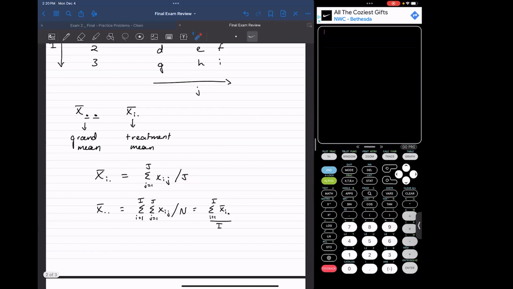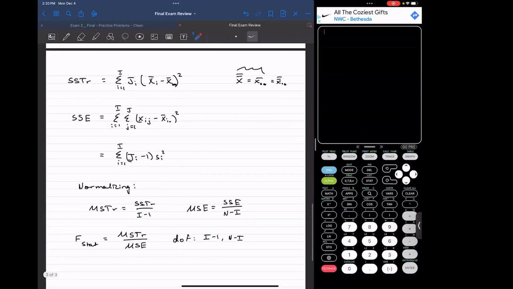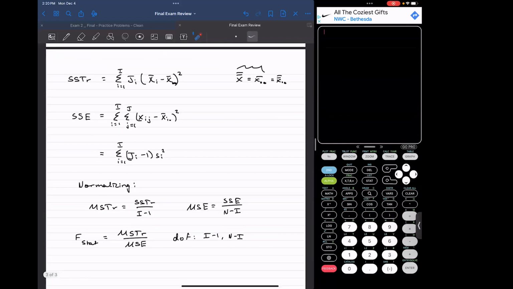For the grand mean, you take all of the points and divide it by the total number of points. Or it might be easier to take the treatment means, add those together, and then divide it by the number of treatments.